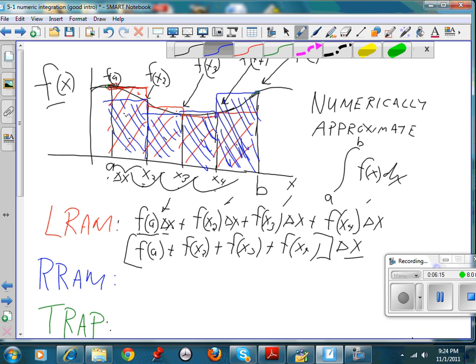I'll skip the first step, but for my right-handed method, I use the right-side heights of the rectangles, all times delta x.